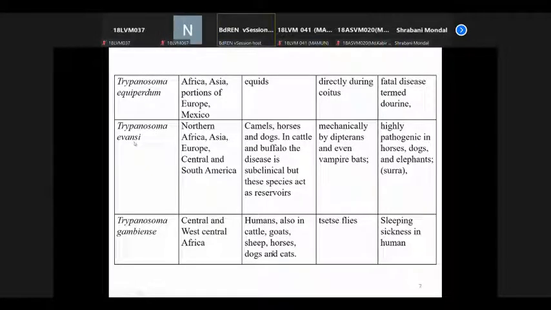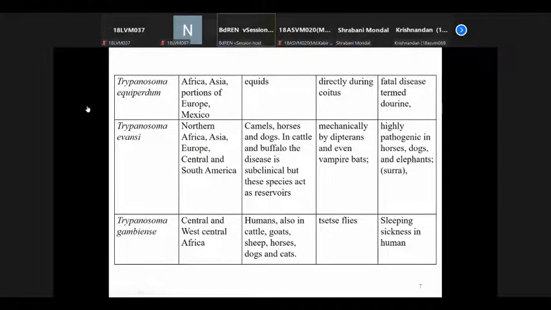Trypanosoma evansi. Trypanosoma evansi, North Africa, Asia, Europe, Central and South America. Look, the distribution is much wider. Evansi is found here in Asia, West Asia. Hosts are camels, in the Middle East, camels, horses, even dogs. In cattle and buffalo, the disease is subclinical, but they act as reservoirs.